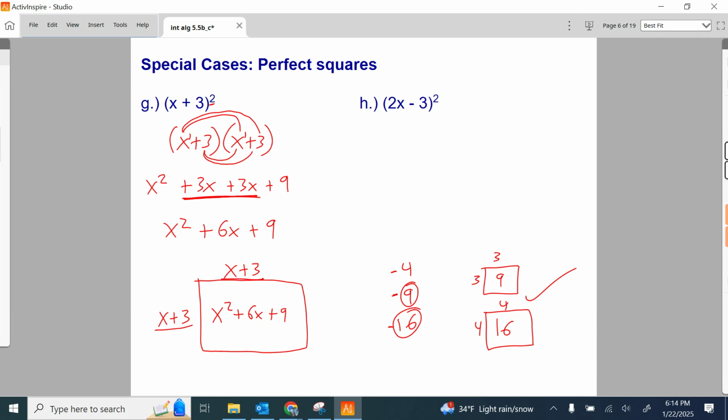If I multiplied those together, just like we did right here, it would create that answer.